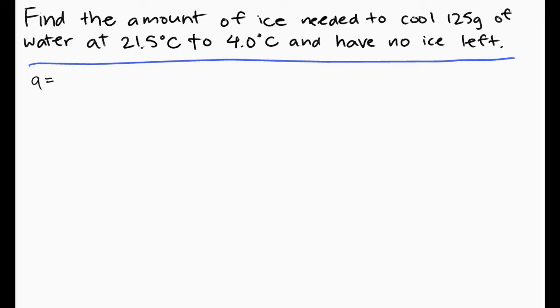We have Q equals mcΔT, and the other one, the phase change one, Q equals delta H times mole. So water is definitely going to use this equation because the water is getting cooled down, and ice will definitely use this equation because we want it to undergo the phase change and have no ice left.